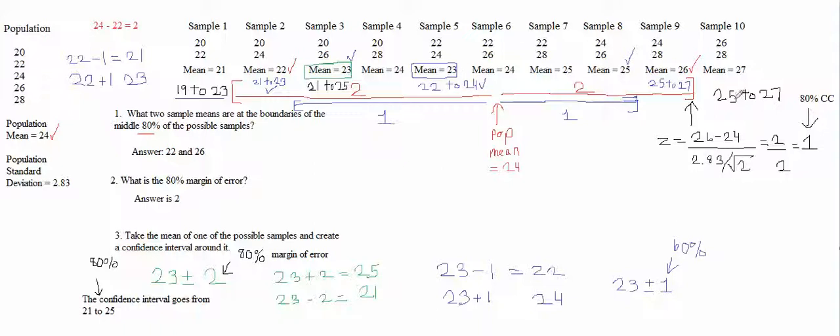Notice how when you subtract on top, you get 2. So actually, the top of the formula up here gives us our margin of error of 2. The margin of error is just 26 at the upper boundary minus the population mean of 24. So that is the 80% margin of error.